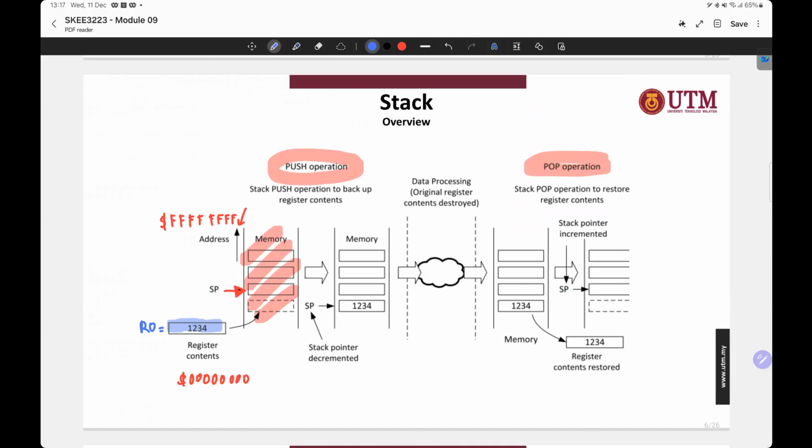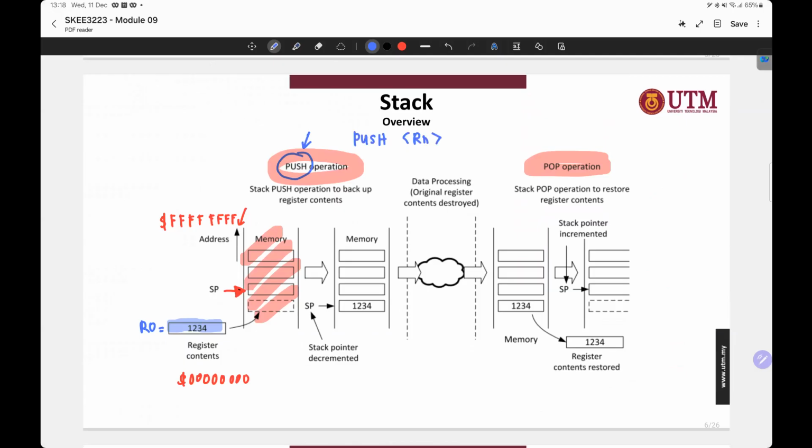So how does this stack work? In order to put the data in R0, which has the value 1, 2, 3, 4, onto your stack, you need to use the push operation, which is PUSH followed by the register name.